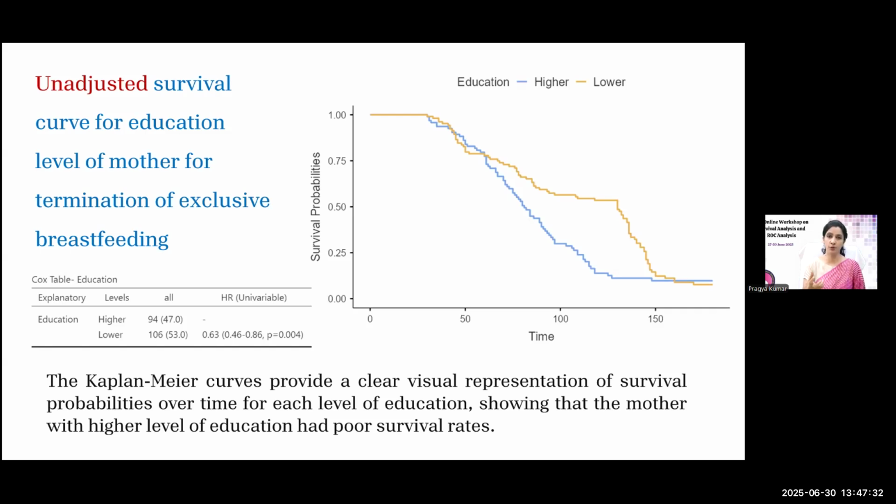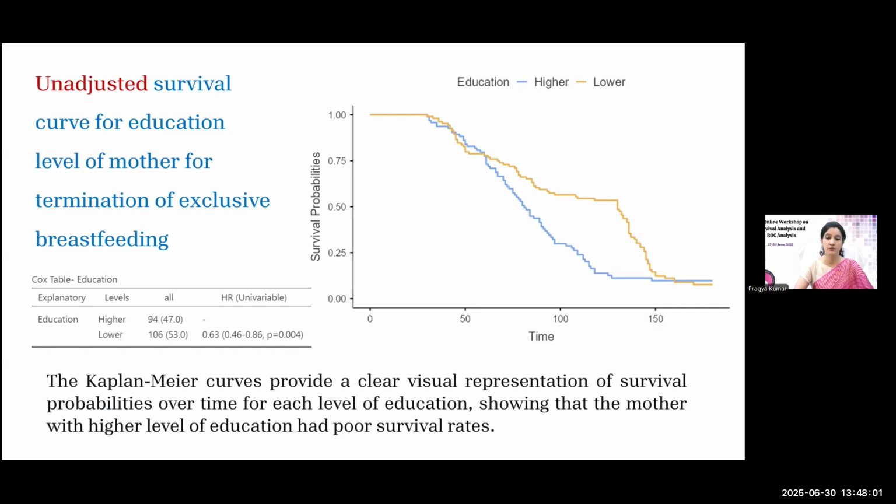If I want to understand the independent effect of the mother's educational status or marital status, then I need this Cox proportional hazard, similar to logistic regression. If you can recall logistic regression, where you do unadjusted and adjusted analysis, in unadjusted you only see one factor, whereas in Cox proportional hazard it gives you the adjusted. It also has an option for an unadjusted hazard ratio, like in this case.